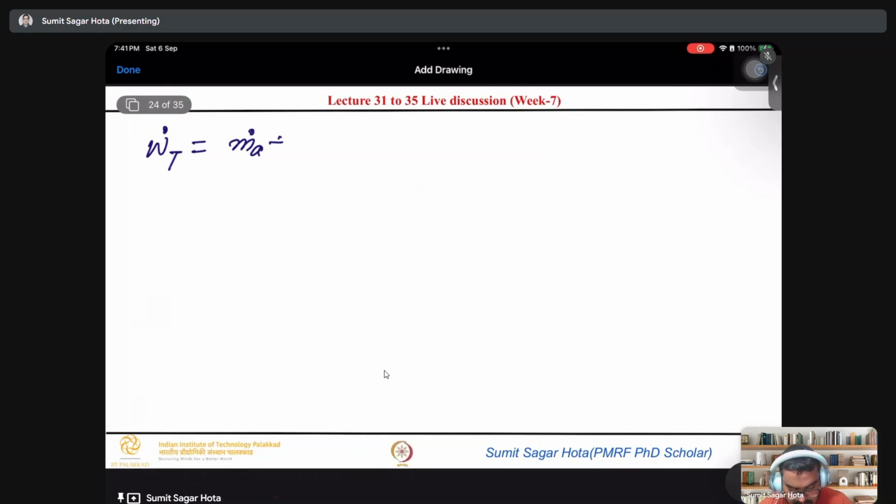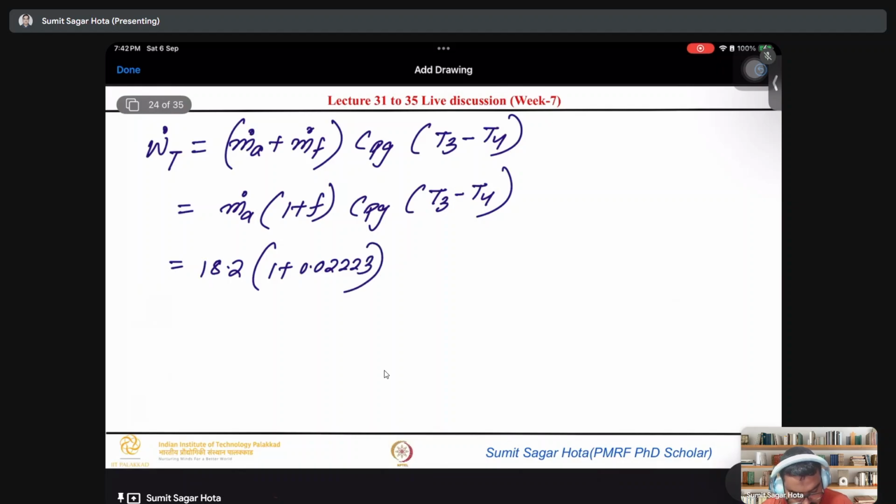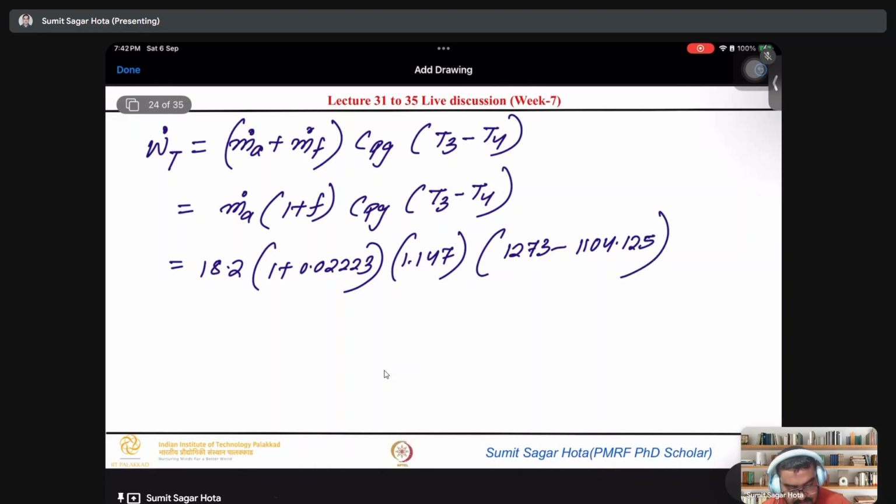The turbine work is (m dot a plus m dot f) into CPG into (T3 minus T4), so m dot a into (1 plus f) into CPG into (T3 minus T4), which is 18.2 into (1 plus 0.0223) into 1.147 into (1273 minus 1104.125 Kelvin, which is already given in the question).